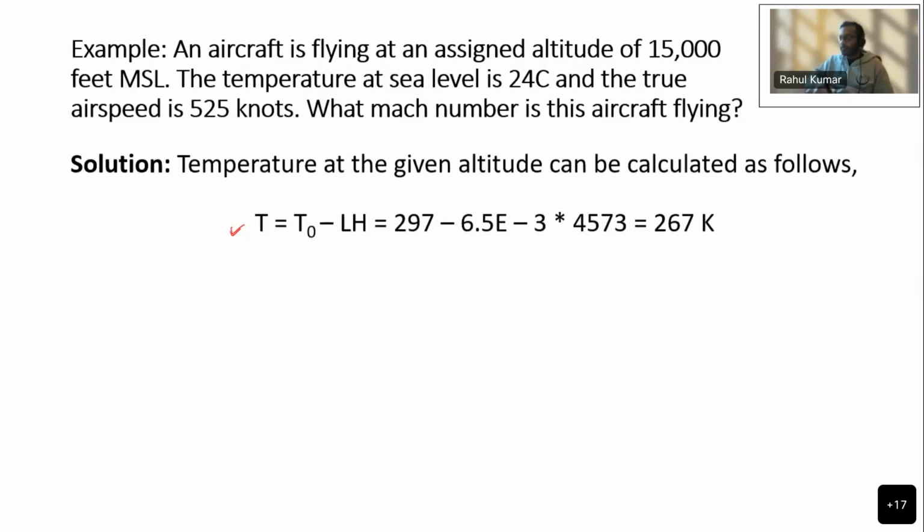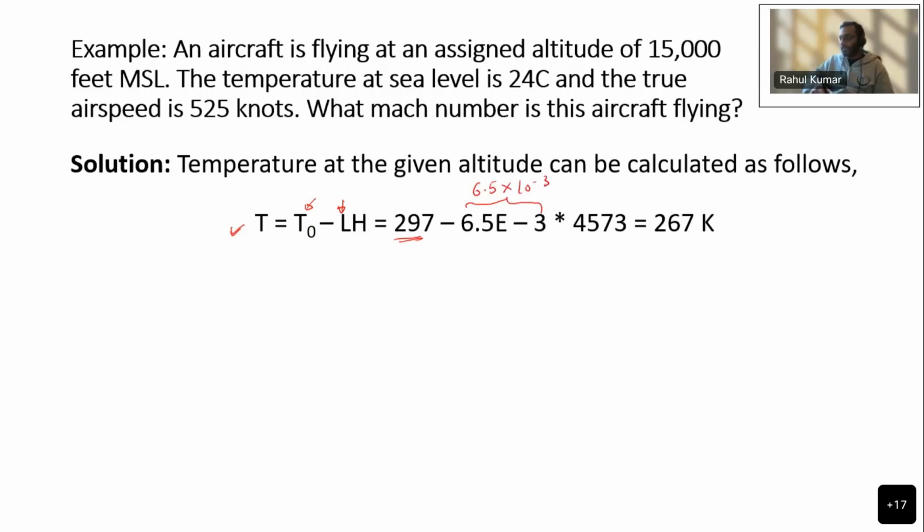So T0, I have converted it into Kelvin. L is a constant, 6.5 multiplied by 10 to the power minus 3. This is E minus 3, it is 10 to the power minus 3.